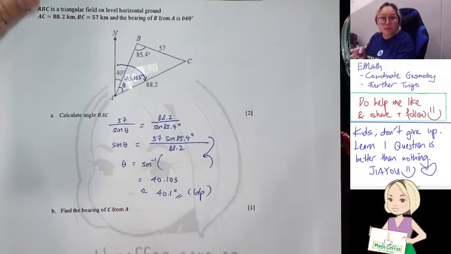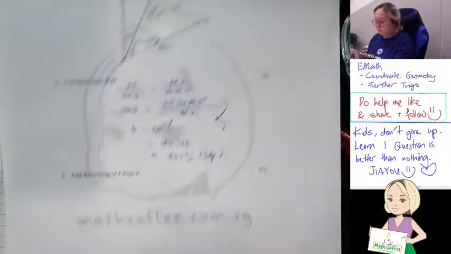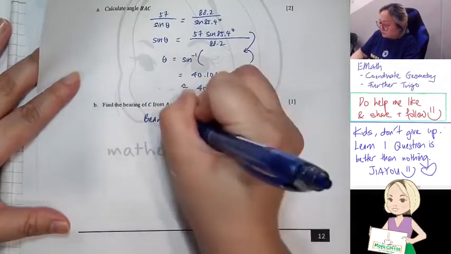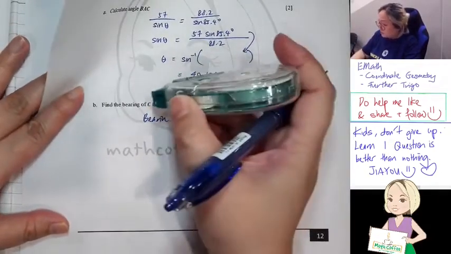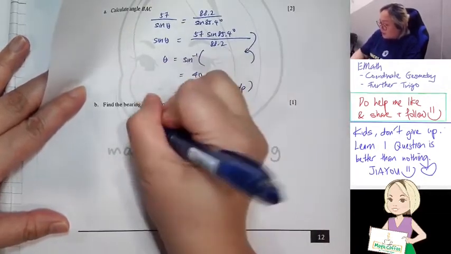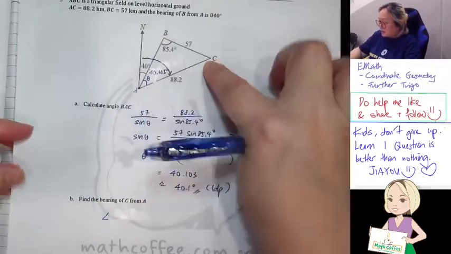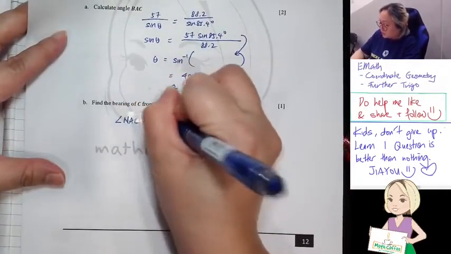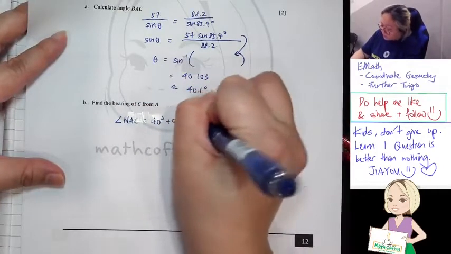So in this case, it's very straightforward. It's just 40 plus 40.103. So you will say, maybe you find the angle first. Angle NAC equals 40 degrees plus 40.103 degrees.